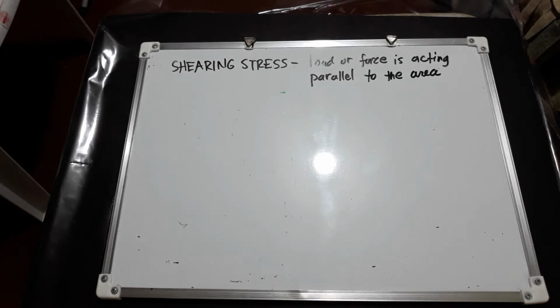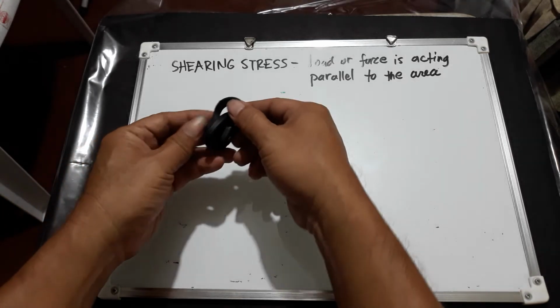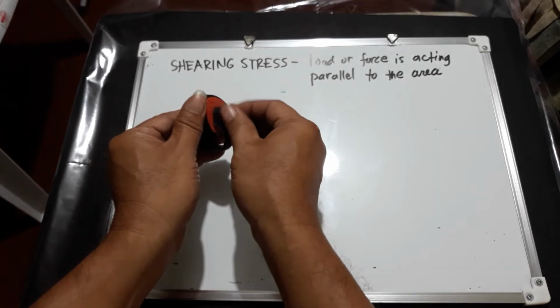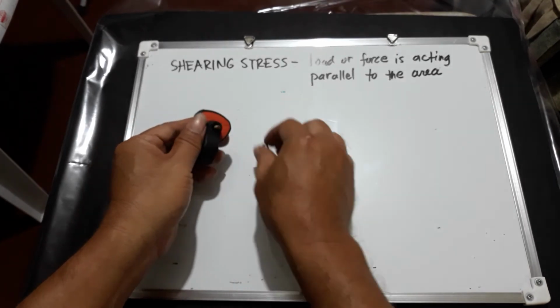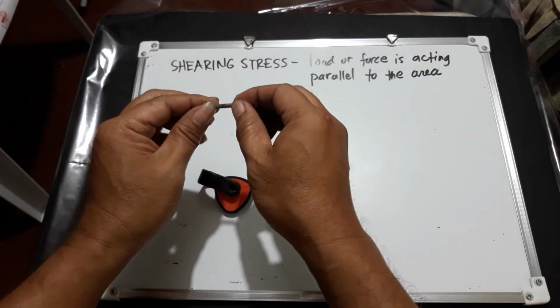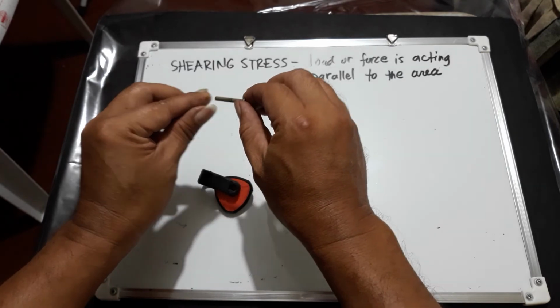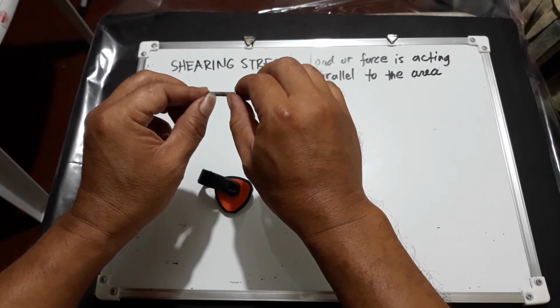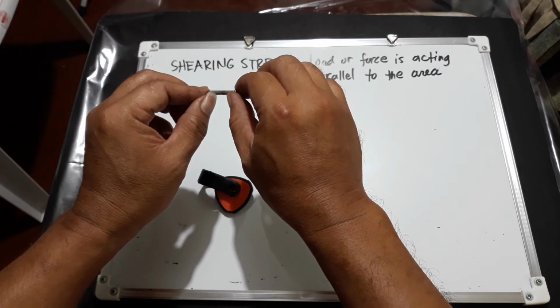So to illustrate this, I am going to use a small bolt, and this bolt is the one that will be sheared when a sufficient force is applied.